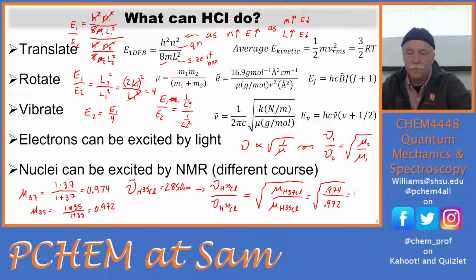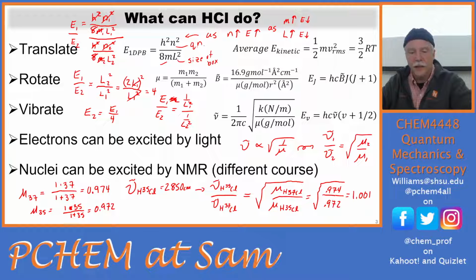Who's got it? Okay, so 1.001. It's a unitless quantity because all of the mass units have canceled.